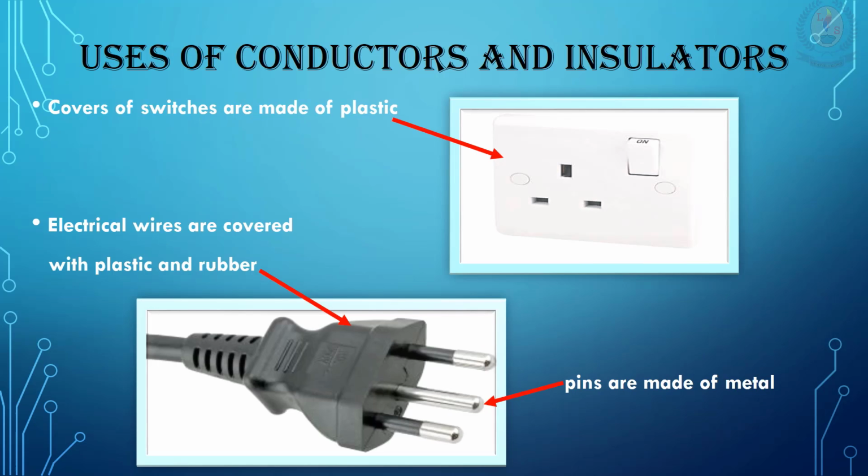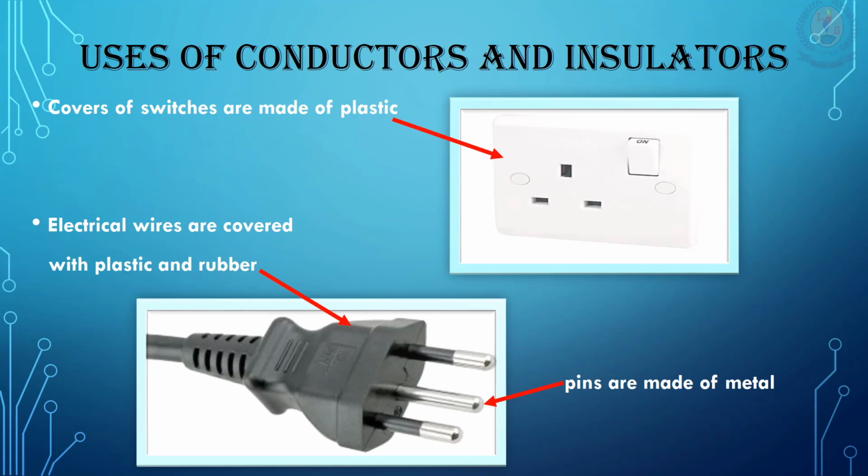Now we are going to learn about the uses of conductors and insulators. My dear children, the electrical conductors are important for many electrical appliances to work, and also the insulators are necessary for those to work.